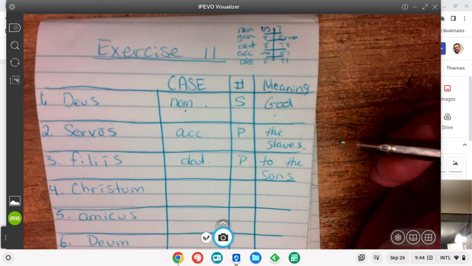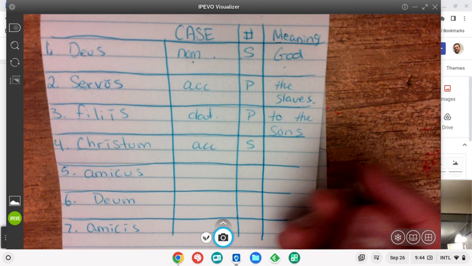Christum. So I recognize right away that that's Christ. That's accusative, singular. And this just means Christ. Could say it means the Christ, because sometimes you use the word the with Christ. The Christ just means the anointed one.